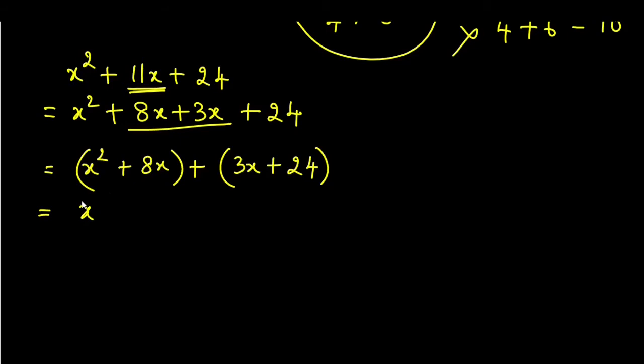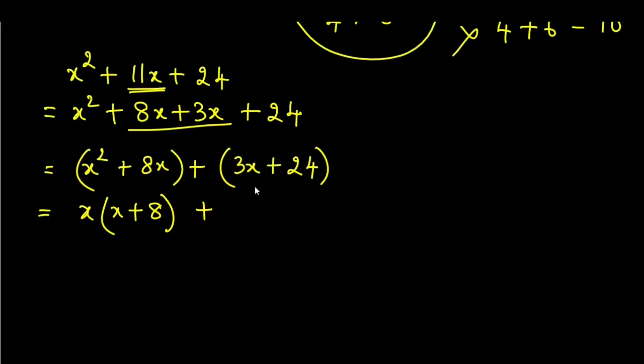When we take the common factor as a factor separately, we remain with x here. X into x is x square. When we divide 8x by x, we get 8 here. So x into x plus 8 is same as x square plus 8x.